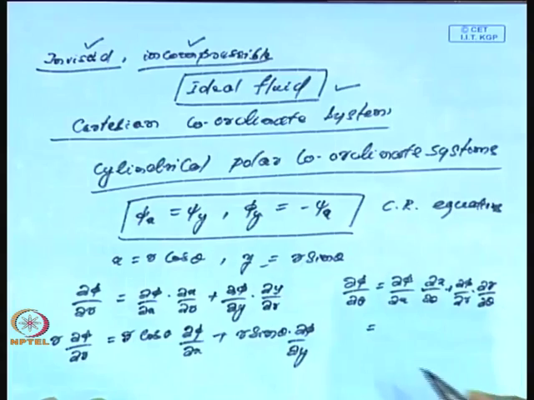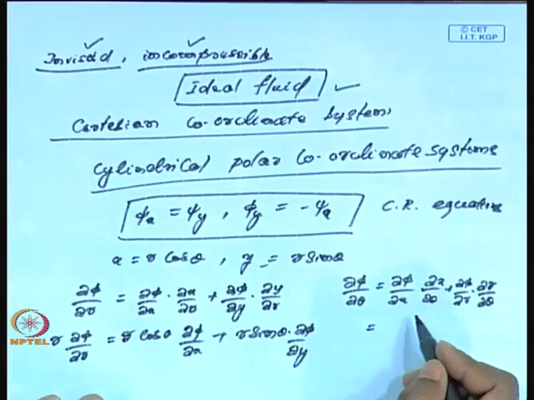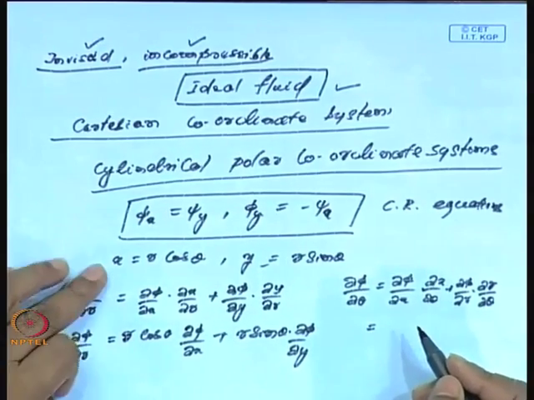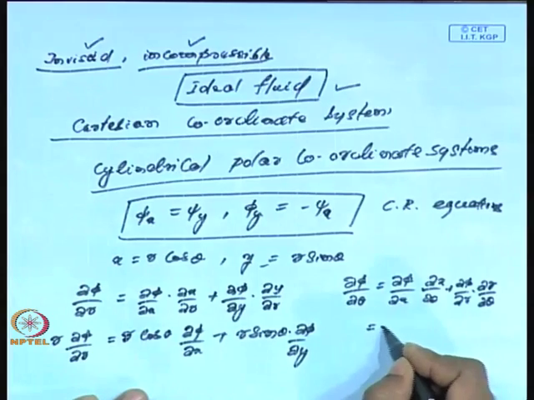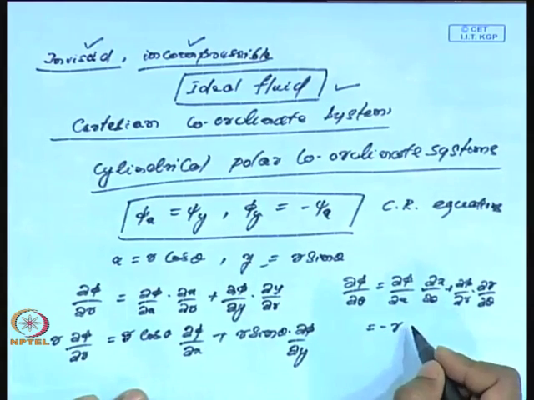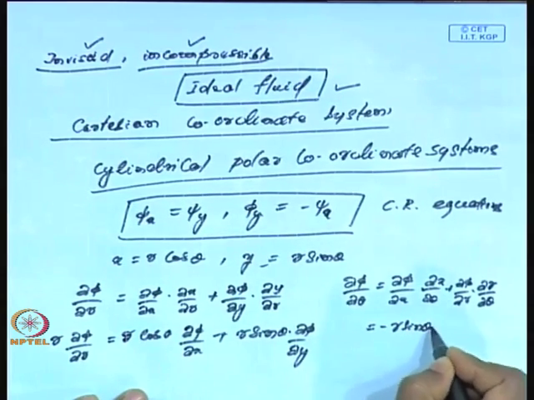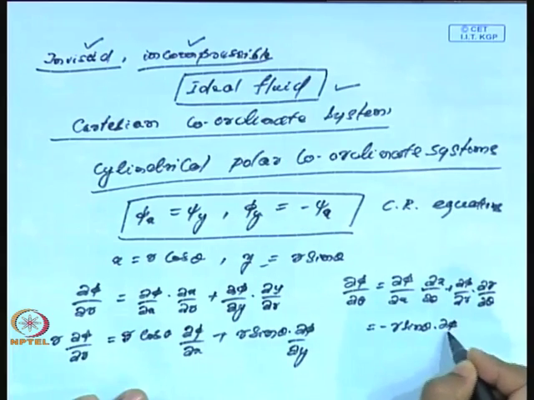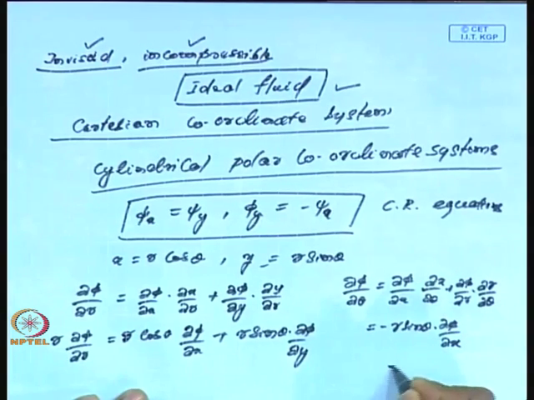This gives us del x by del theta as minus r sin theta into del phi by del x.